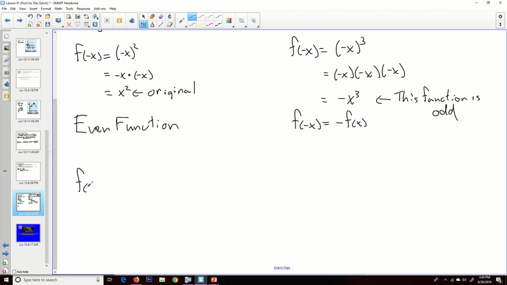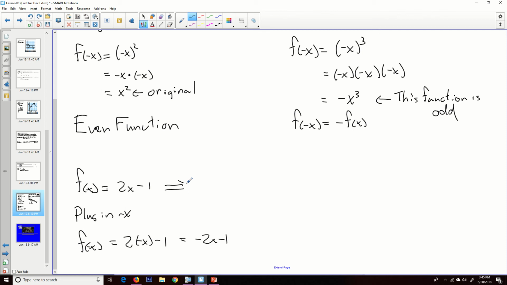And finally, just a simple neither function. If I say f of x is equal to 2x minus 1, and we plug in negative x, we'll get 2 times negative x minus 1, which gives me negative 2x minus 1. Now that's not the original function. The original function was 2x minus 1.